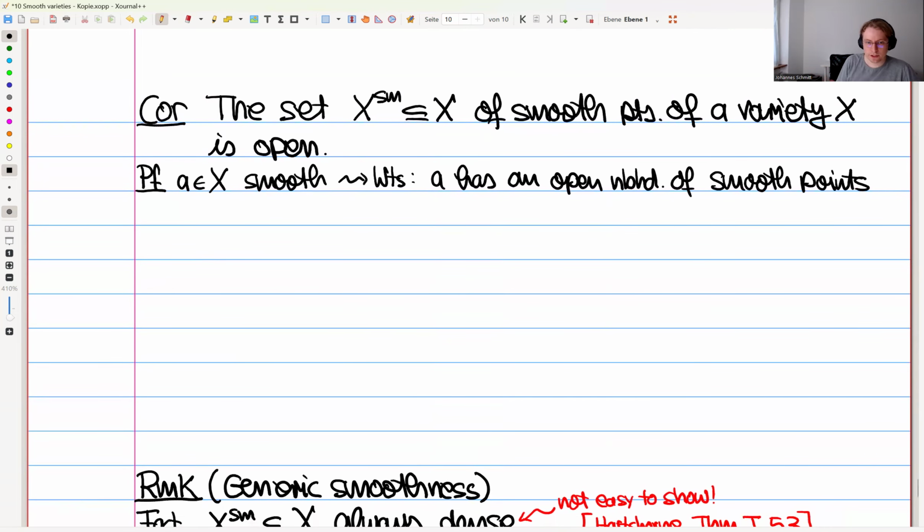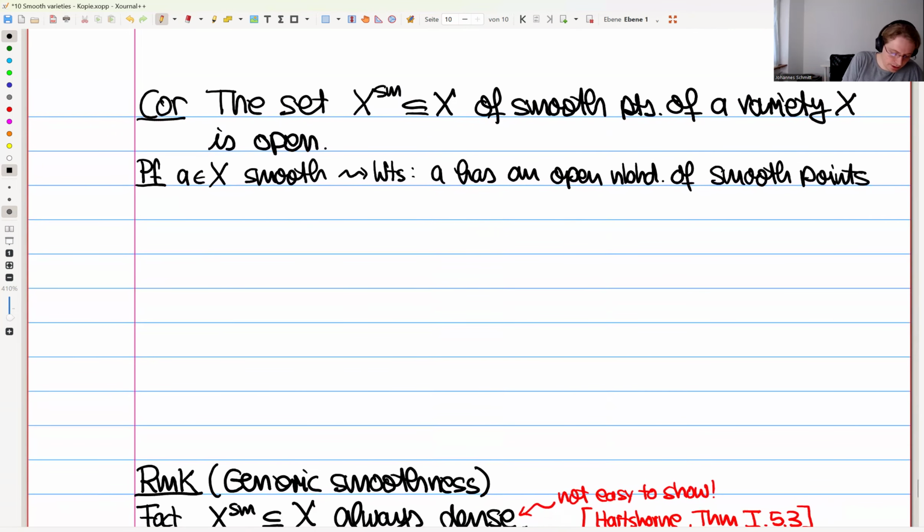And so the first statement is that we go to this affine Jacobi criterion. So in other words, after restricting to an affine open containing A.